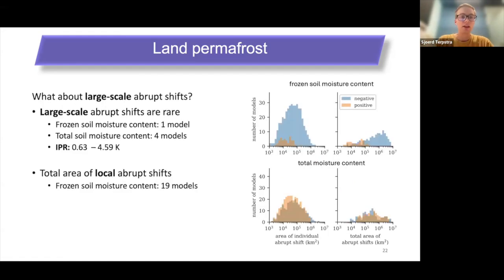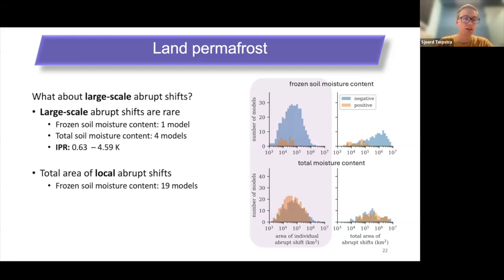Now, I already mentioned that large-scale shifts are more rare. So in this case, large scale is more than 1 million square kilometers. If we look at the left side of this figure, in the top one, we again have the frozen soil moisture content. And we divided here in a histogram the surface area of the large-scale abrupt shifts of positive and negative shifts.